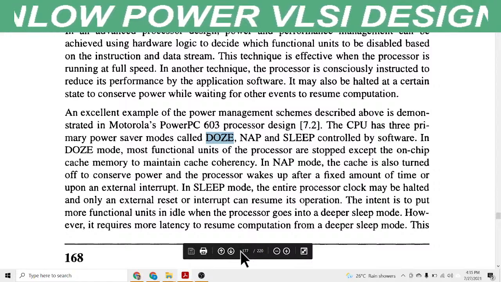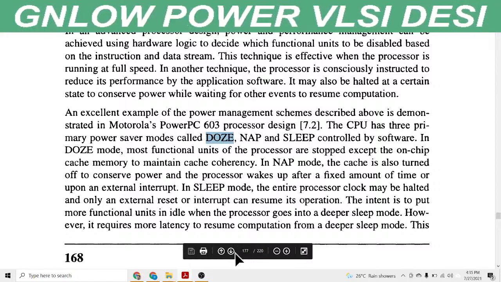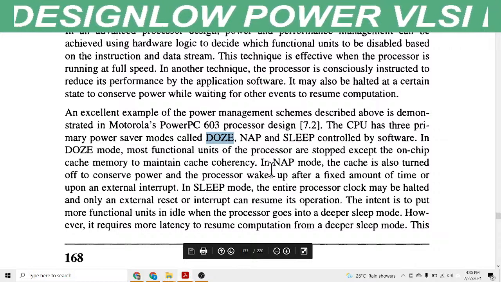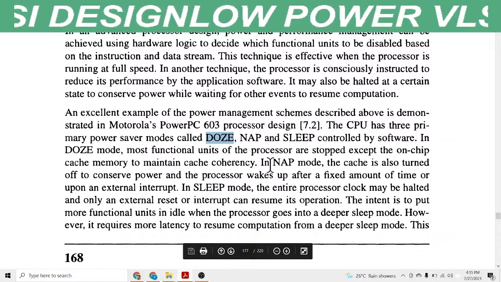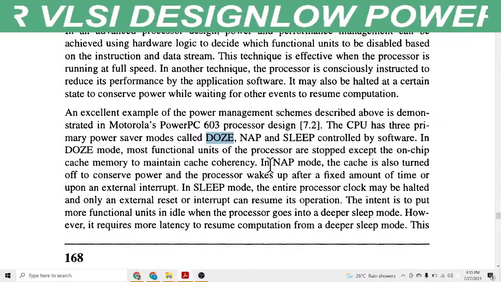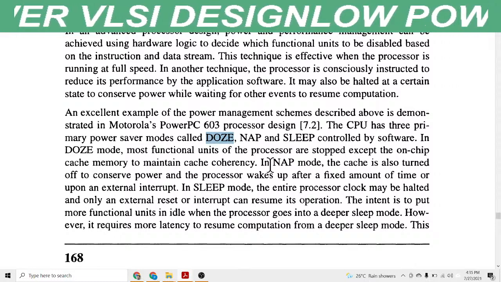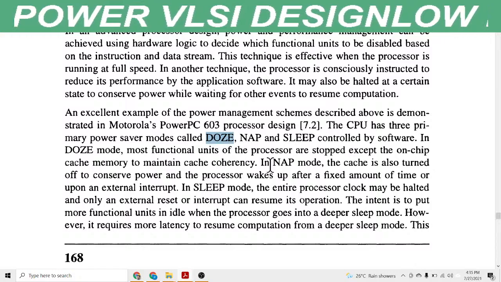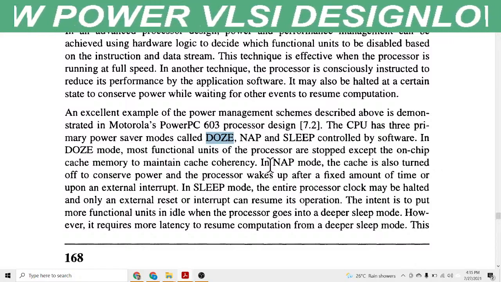Now in DOS mode, most functional units are stopped. When the processor is in DOS mode, most of the functional units are stopped except the cache memory. In this type of mode, cache memory works, but all functional units are in stop condition.